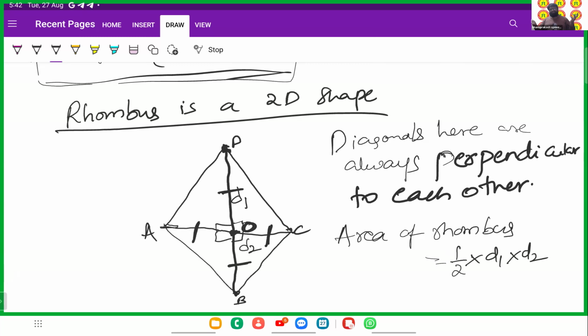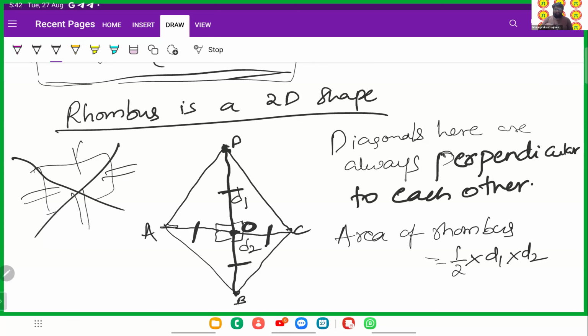Sir, this is also similar to square and rectangle, four sides closing. What is the specialty? In a square, all sides are equal. In a rectangle, only adjacent sides are equal. Adjacent sides means, if you consider these two sides, only these two are equal. If you draw a diagonal, they are not perpendicular.